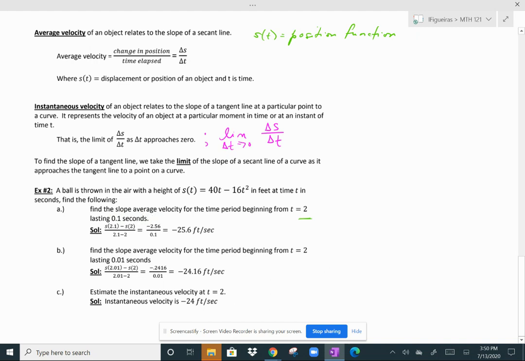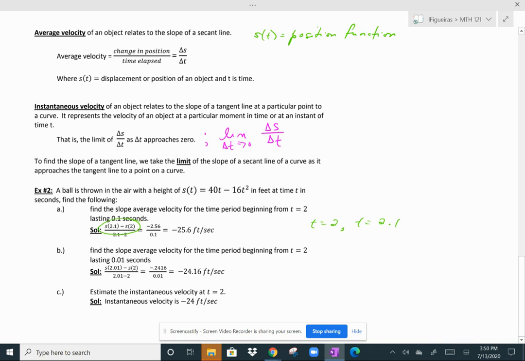So that means that your time is going to be from 2 to 2.1. Okay, so those would be the two t values. So that's what you have to subtract in the denominator. It's change in t. And your numerator is change in position. So in other words, what's your position at 2.1 minus what's your position at 2?